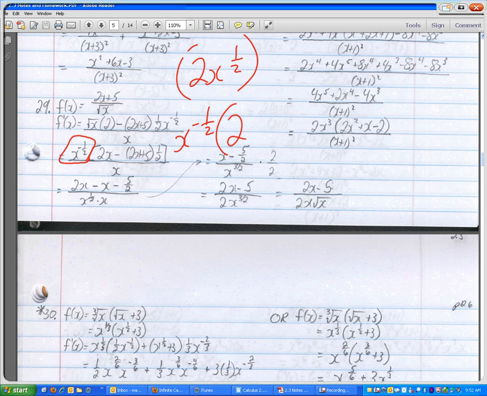When I divide factors with the same base, I subtract the exponents. So 1/2 minus negative 1/2 is 1. So I'm left with a 1. So 2x. With me?